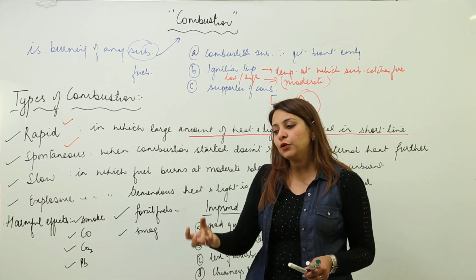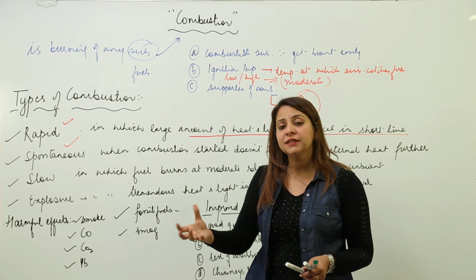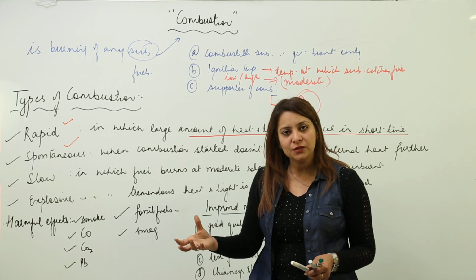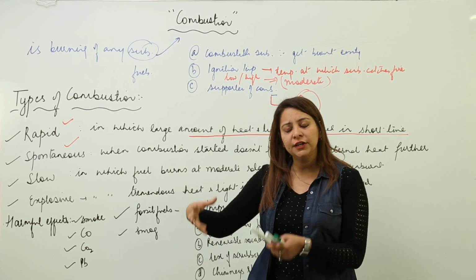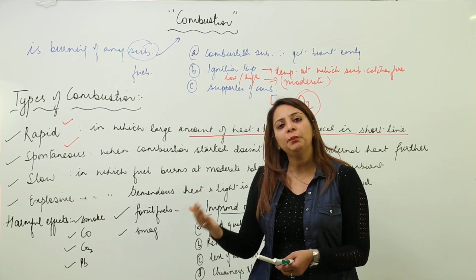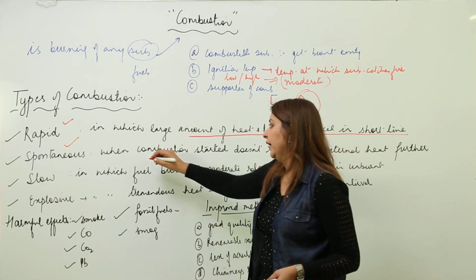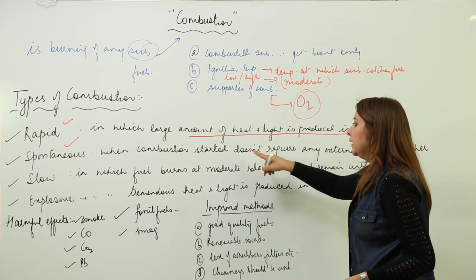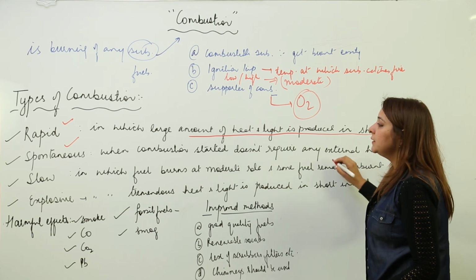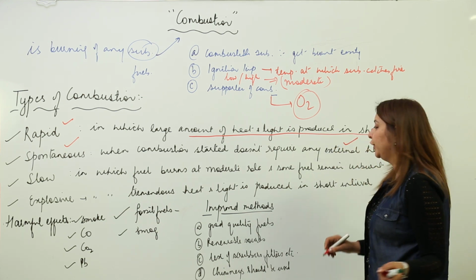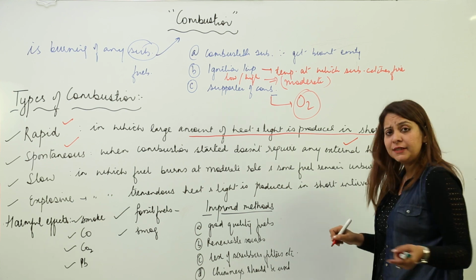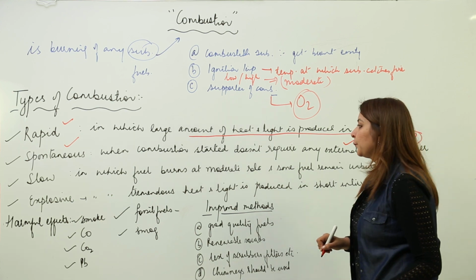In summer it actually catches fire at room temperature, because in summers the ignition temperature is reached at room temperature. So once the initiation is done, further initiation is not required, and the combustion takes place by itself. So when combustion, once started, doesn't require any further external source, it is called spontaneous. For example, burning of white phosphorus, which easily occurs at room temperature in summers.